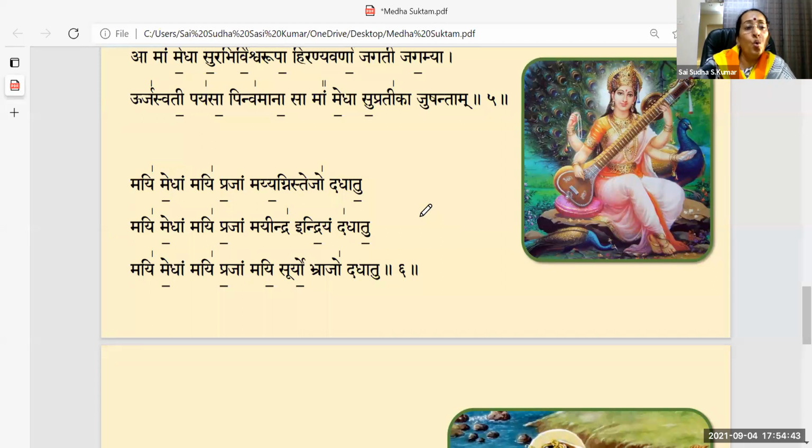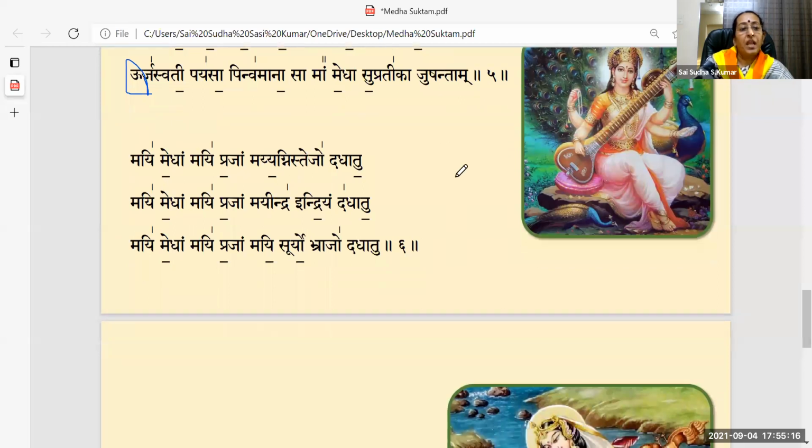Then Urjaswati. This U over here is a Dirgha U. So Urjaswati, not Urjaswati and not Urjaswati. It has to be Urjaswati Payasa Pinvamana Sama Medha Supratika Jushantam.